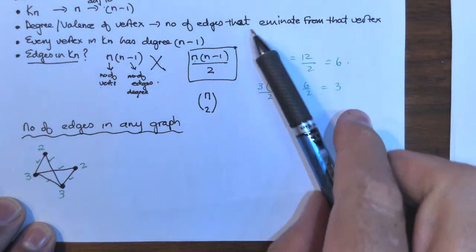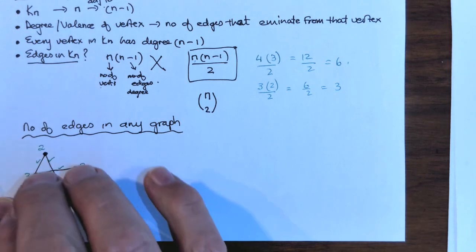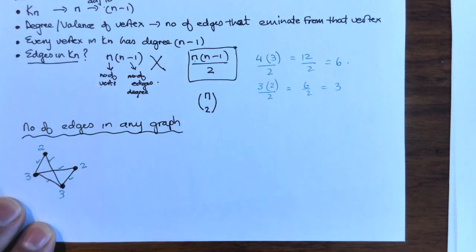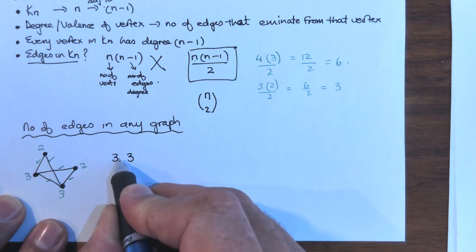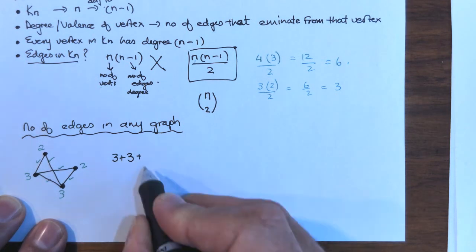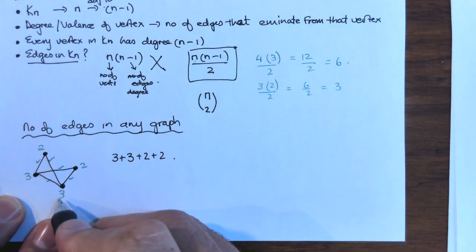Okay, so if I do not know the number of edges, I don't have a graph, and I only have the degree of each of the vertices, how many edges are there in that graph? Well, we take the valence or the degree of each of the vertices and we add them. We saw there's 5 edges.